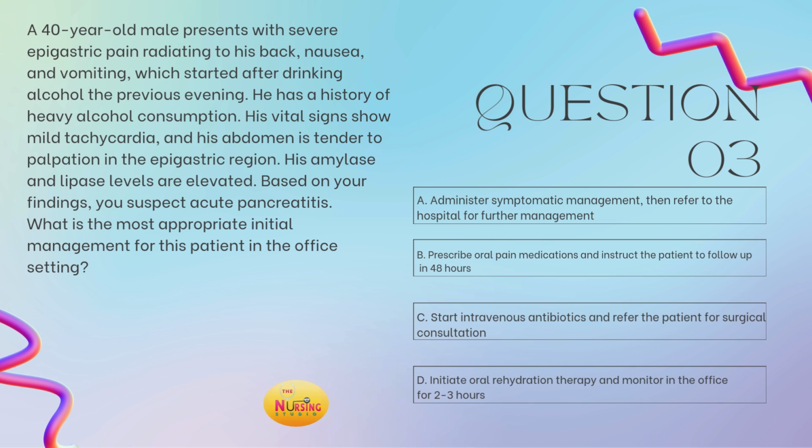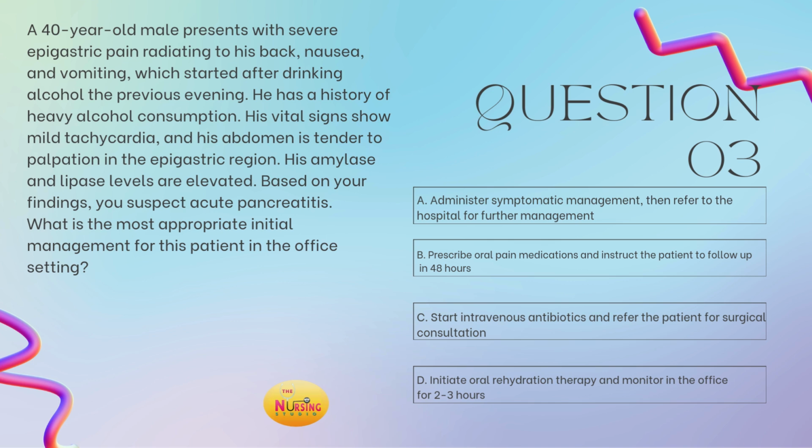And I'm going to read that one more time. So we have a 40-year-old male presents with severe epigastric pain that radiates to his back with nausea and vomiting. And this started after drinking alcohol the previous evening. He has a history of heavy alcohol consumption. His vital signs show mild tachycardia, and his abdomen is tender to palpation in the epigastric region. His amylase and lipase levels are elevated. Based on your findings, you suspect acute pancreatitis.